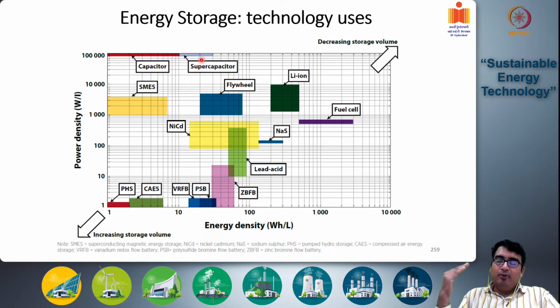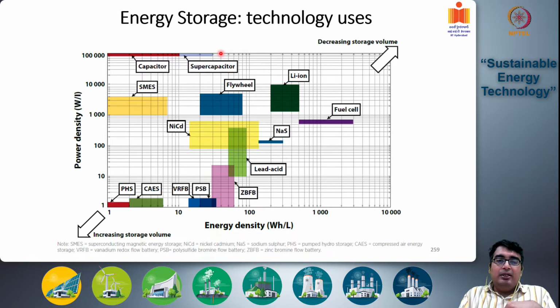As we shift from a standard capacitor to a supercapacitor, its ability to store energy per unit volume increases, and here the supercapacitor will go from 10 watt hour per liter to around 30 or 40 watt hour per liter, whereas the power density remains the same as that of capacitors. So that is in the high power, low energy range.